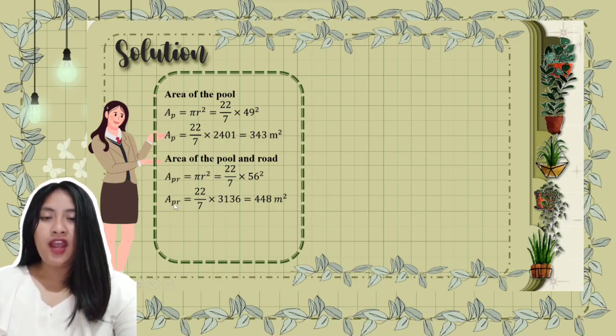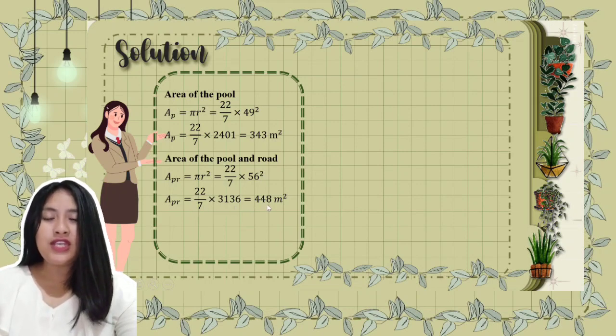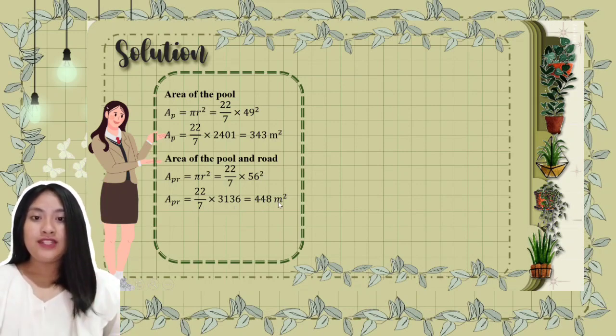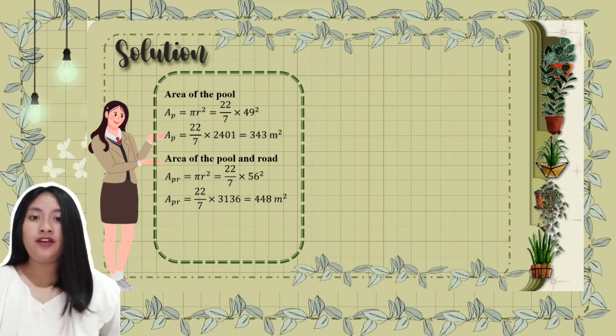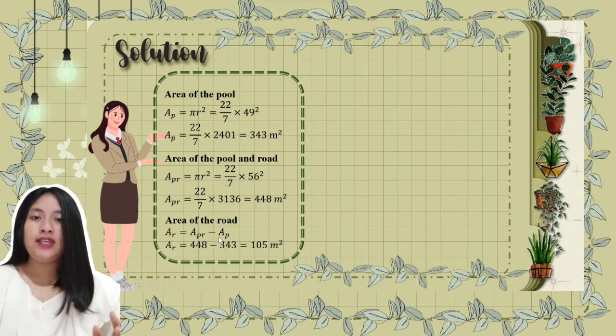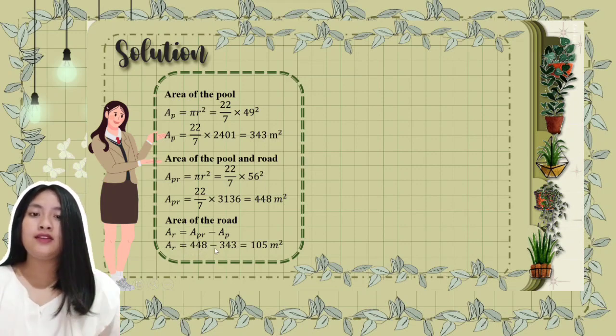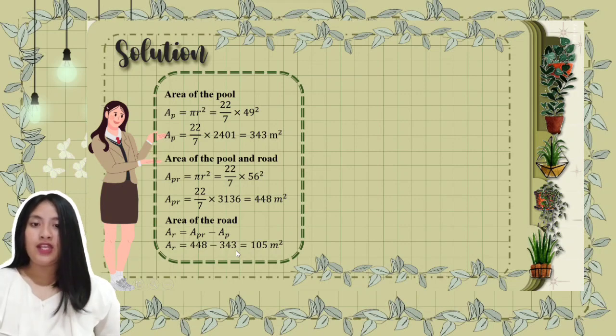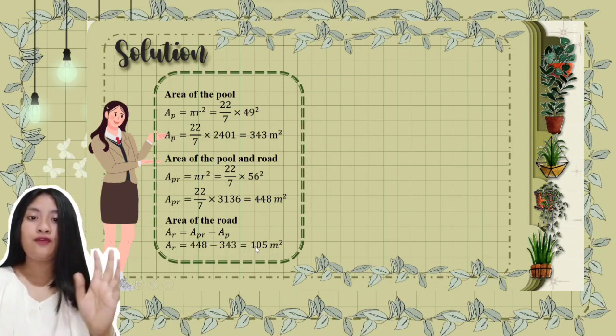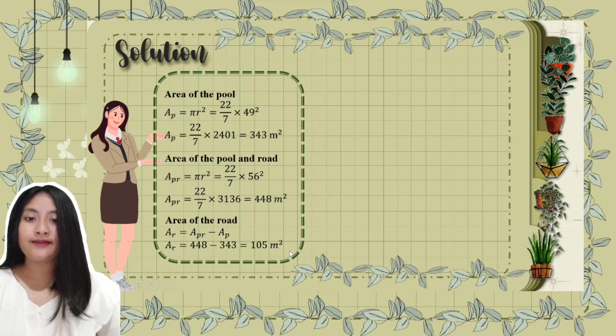So the area of the pool and road is 448. The area of the road is the area of the pool and road minus the area of the pool, which equals 448 minus 343 equals 105 square meters.